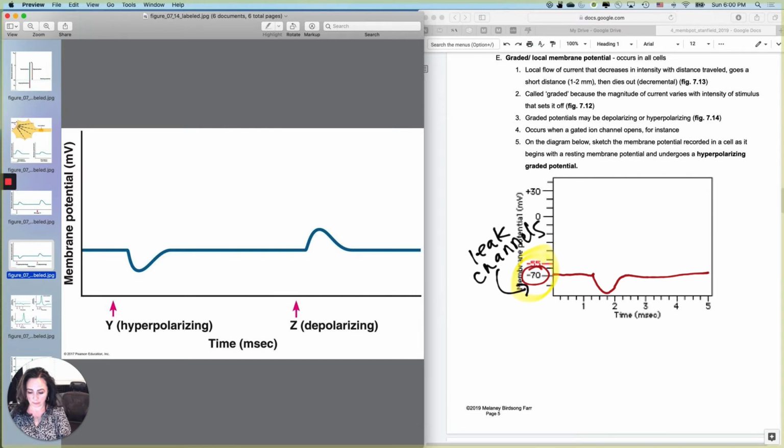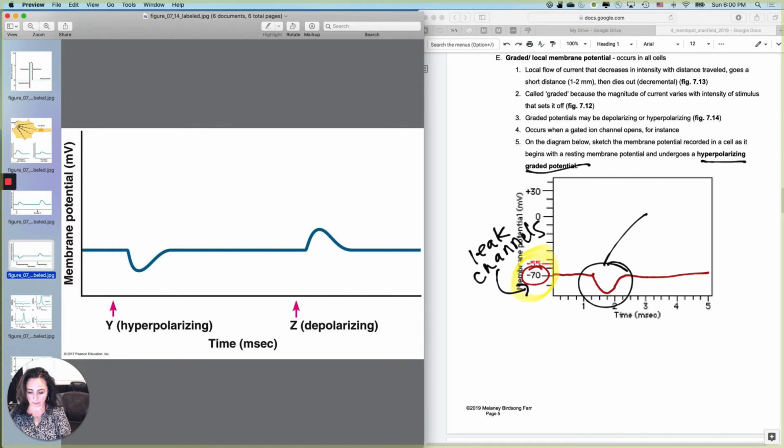And the next question is, what kind of channel is here? What is doing that? Is it sodium or potassium? Is it opening or closing? And is it gated or leak? So what kind of channels are going to be here? It is hyperpolarizing, and a graded potential.